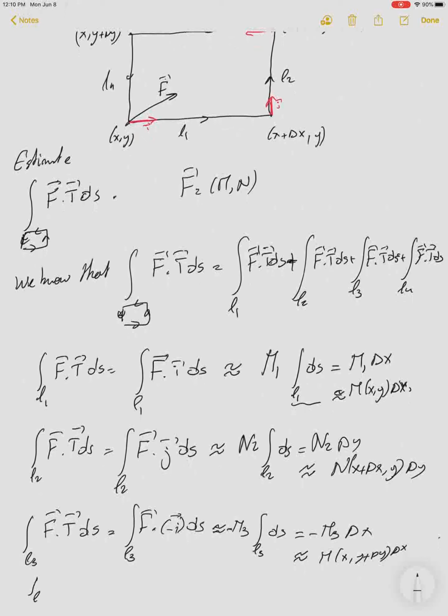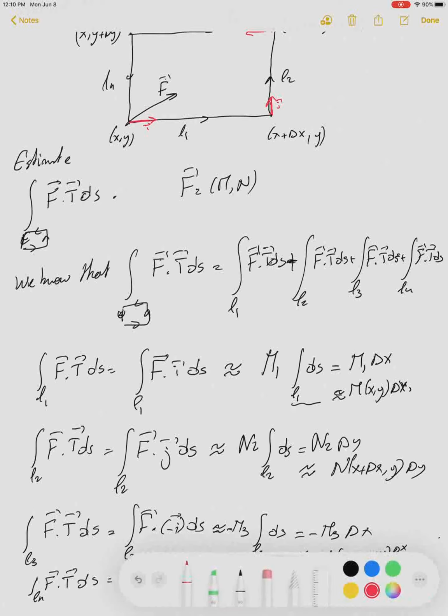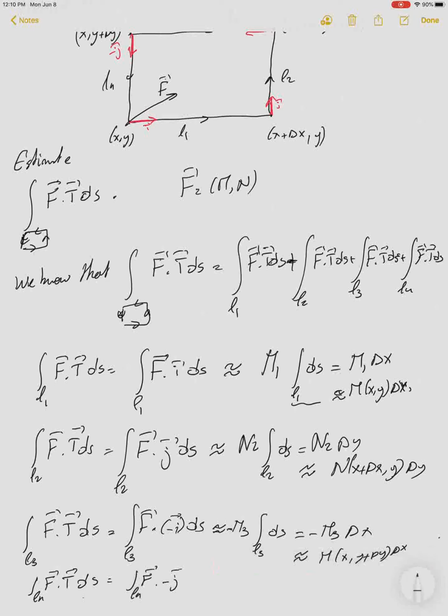Now I have L4. What is the integral over L4 of F dot T ds? Now I'm going downward, so the unit tangent vector to the line segment is minus j. Dotted with minus j ds, this is approximately minus N4 times the integral over L4 of ds, which is minus N4 delta y.